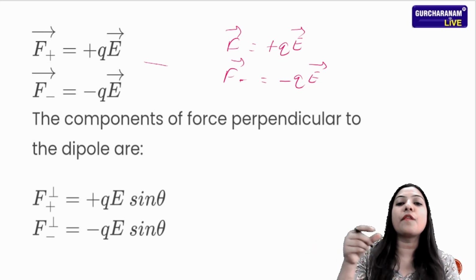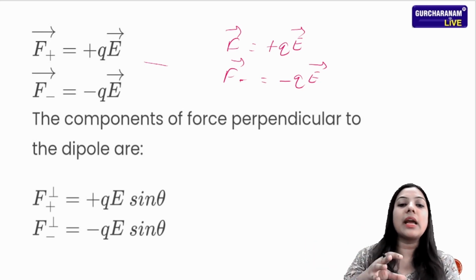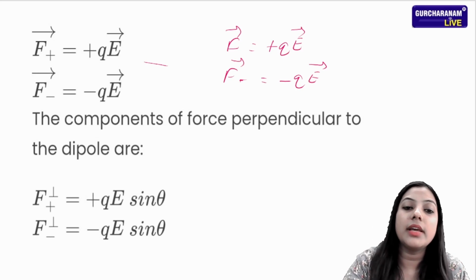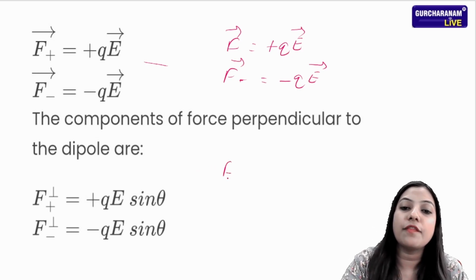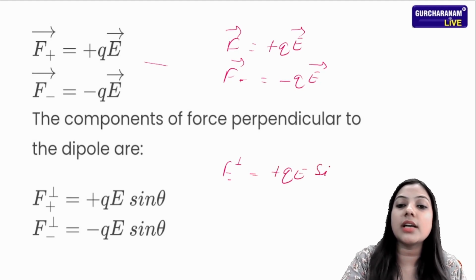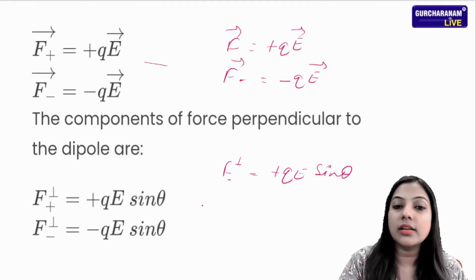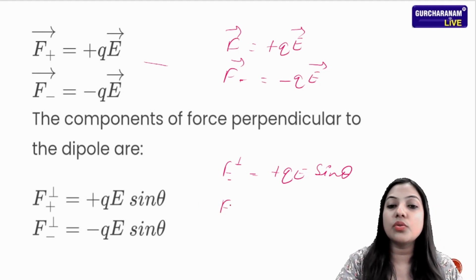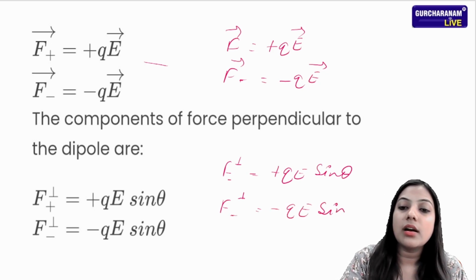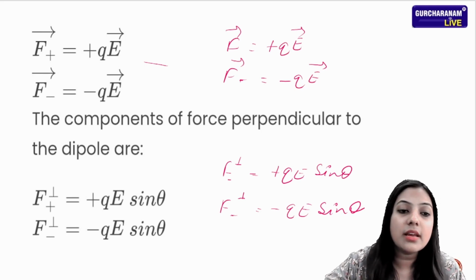The components of force perpendicular to the dipole are: due to the plus charge, plus QE sin theta, and due to the minus Q charge, minus QE sin theta. Understand what I'm saying?